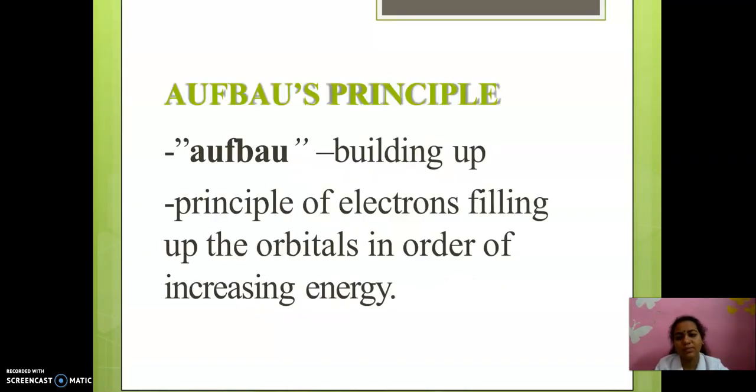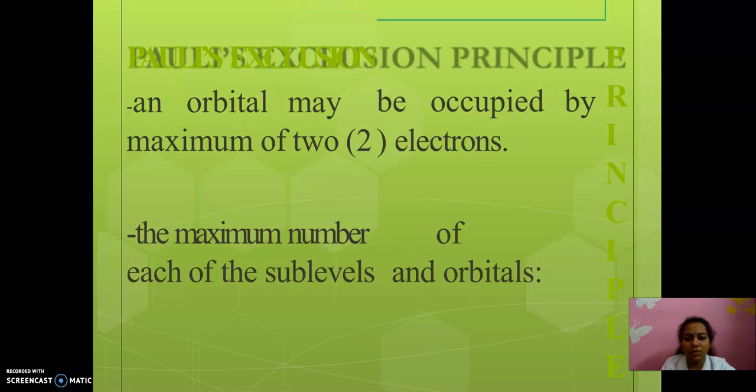What are the rules? We have studied it already. That is the Aufbau principle, the building principle of electrons. The first principle is that electrons should be arranged in increasing order of energy level. Then Pauli's exclusion principle: an orbital may be occupied by a maximum of 2 electrons.